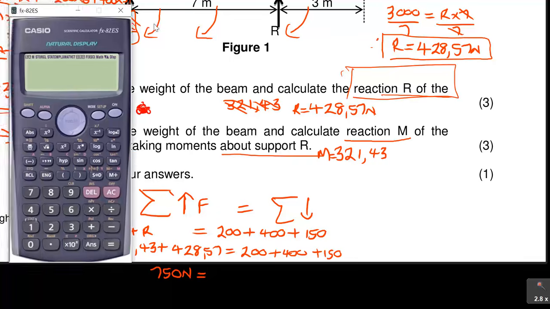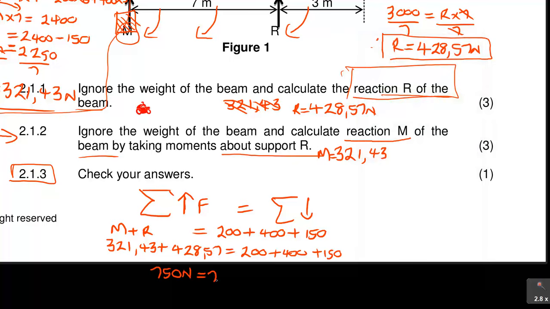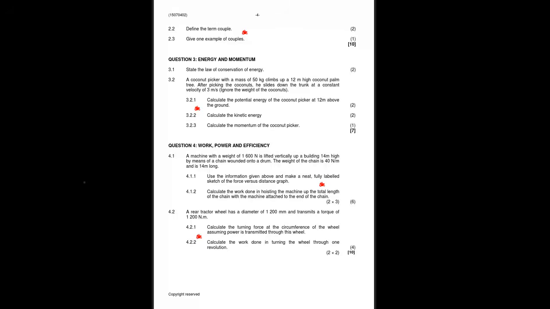Also, I test the other one, which is 200 plus 400 plus 150, and it also gives me 750. So you can see that my forces are balancing. It means my answers in this case are correct. So you can use that as a test also, even if you're not told to do that, as a way of testing your answers.